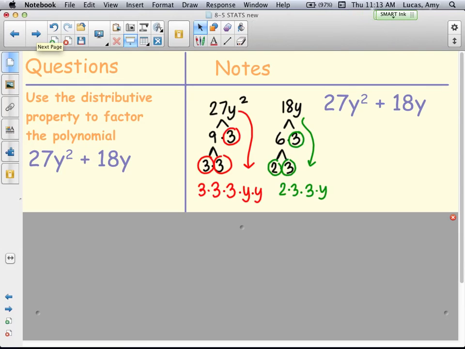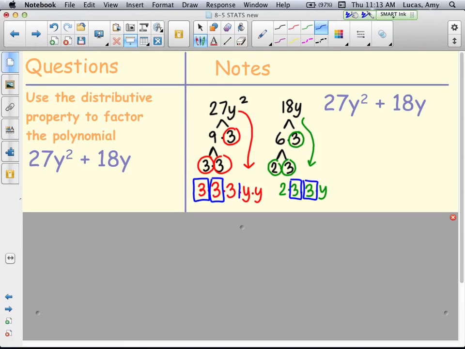So what I'm looking for is the greatest common factor. I'm looking for what these terms have in common. I notice they have a 3 in common. Then they have another 3 in common, and they have a y in common. So 3 times 3 times y, or 9y, is their greatest common factor.